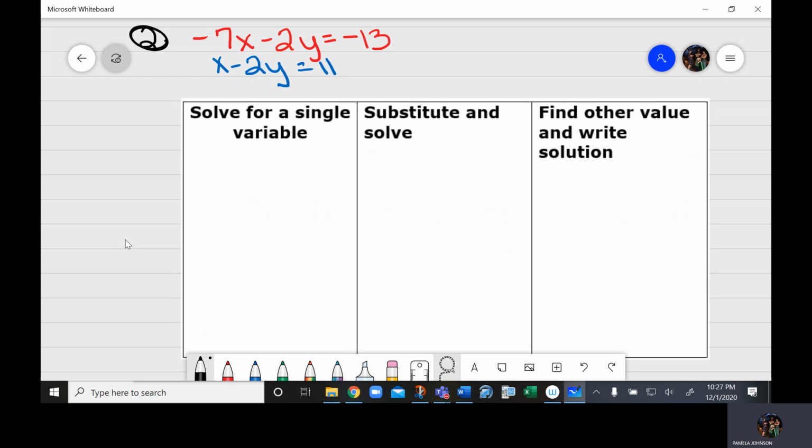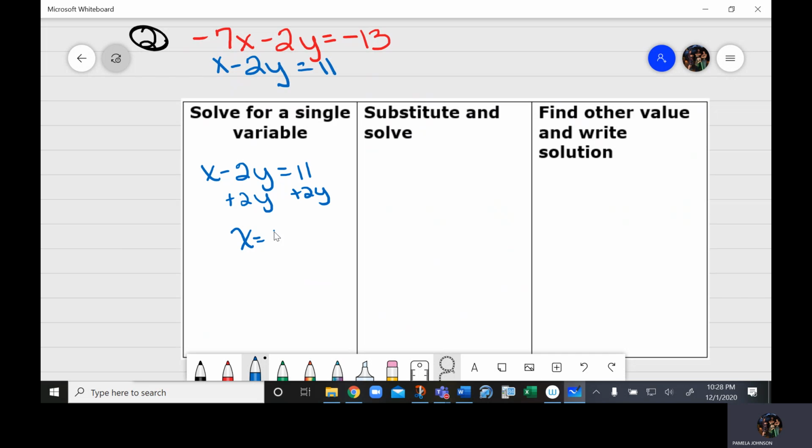They're a little harder to work with. On our second equation, we have x minus 2y equals 11. Well, now that one's going to be really easy to get one of my variables by itself. As a matter of fact, with this one, all I have to do is add 2y to both sides of my equation.